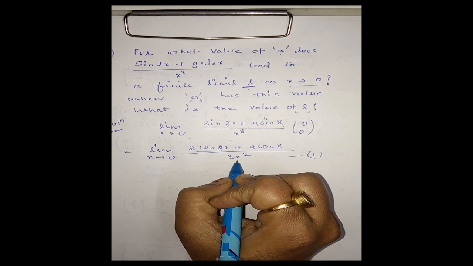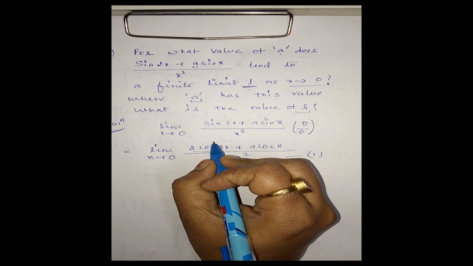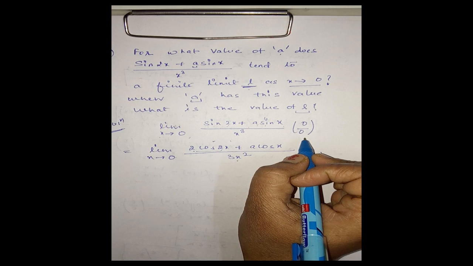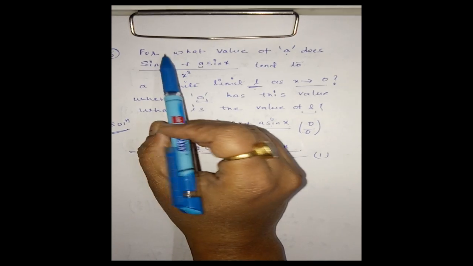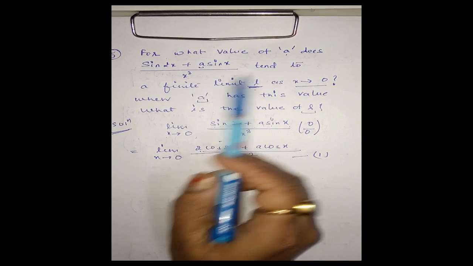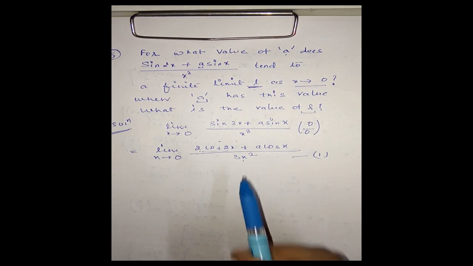Since in the denominator we have 0, but in the numerator we are not sure: we have 2 plus a in the numerator, and in the denominator we have 0. But the question is, for what value of a does this tend to a finite limit L as x tends to 0?